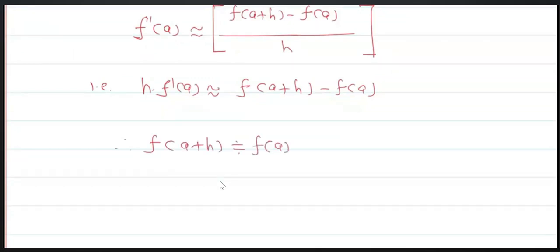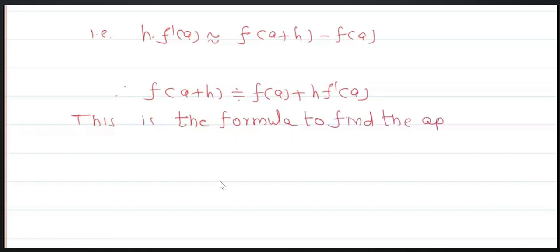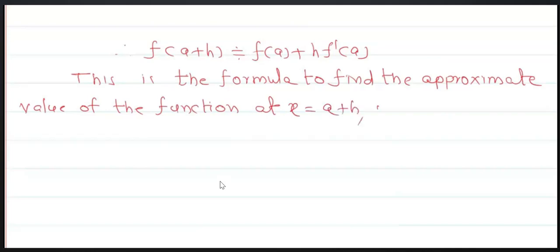Therefore, f of a plus h is approximately equal to f of a plus h into f dash of a. This is the formula to find the approximate values of the function at x equals a plus h, when f dash of a exists.